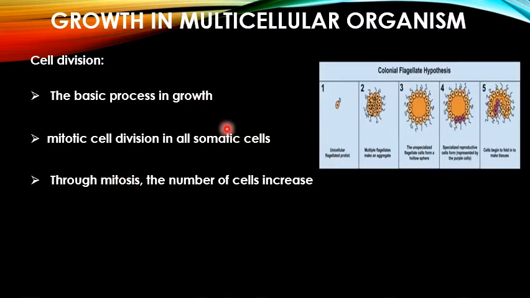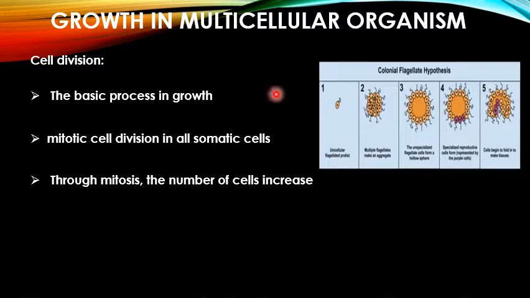As I said earlier, growth in a multicellular organism takes place by cell division. Cell division is the basic process of growth, and mitotic division takes place in almost all the somatic cells, where there will be an increase in the number of cells in a body.